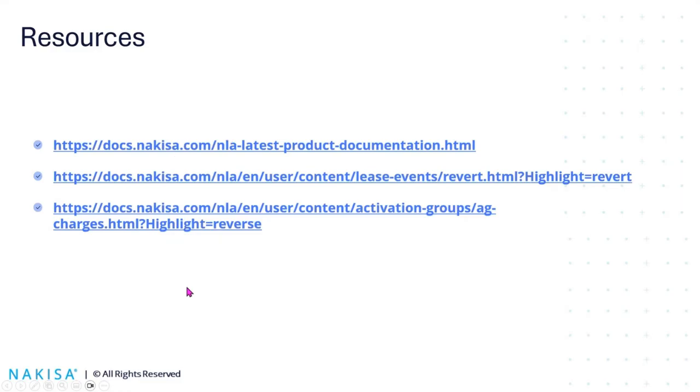And the user can also come on our docs on Nakisa for the resources if they need any additional documentation on how to perform the revert. These are the few links that we have.